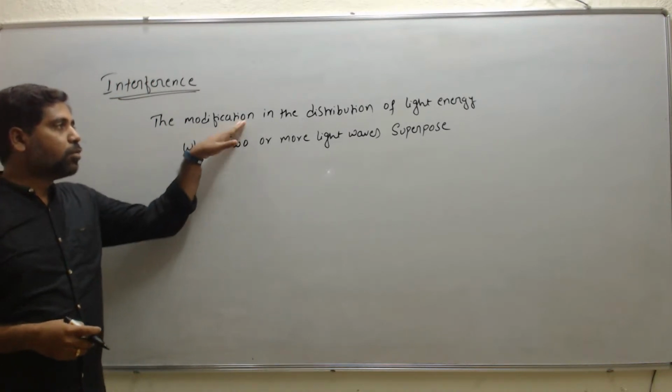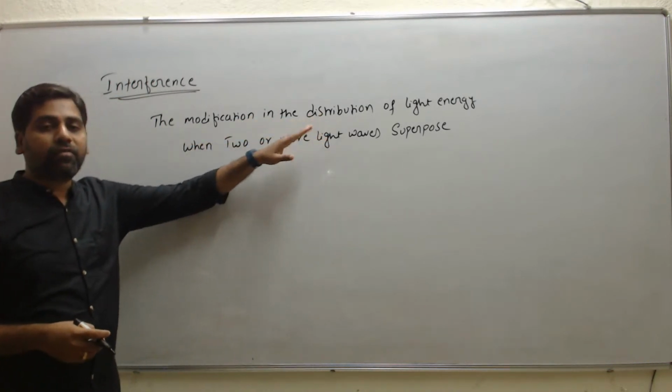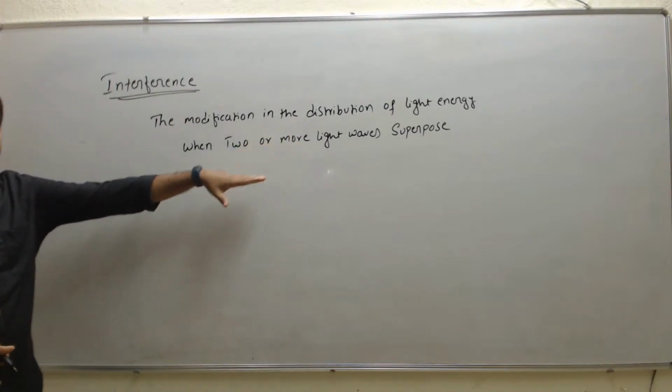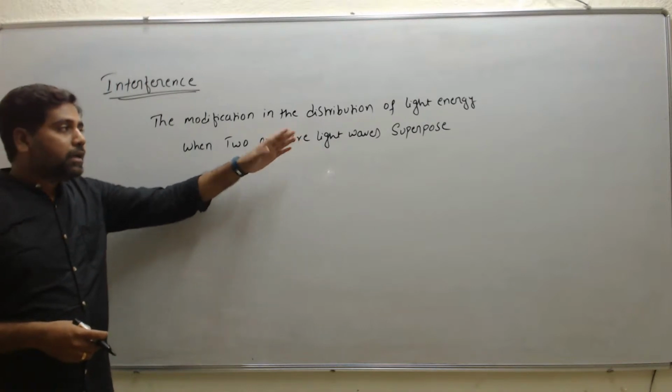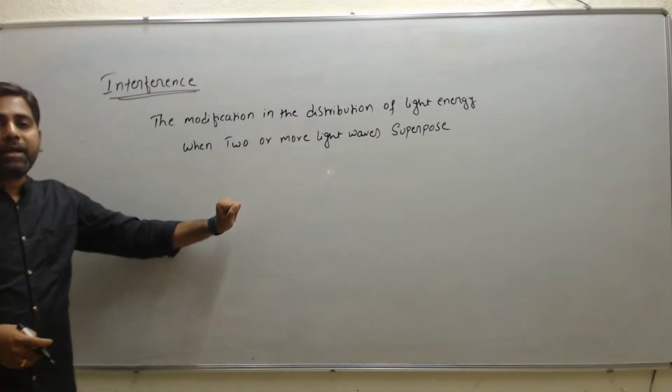So interference is the modification in the distribution, that is, one wave overlaps with another wave, then its intensity may either decrease or increase.